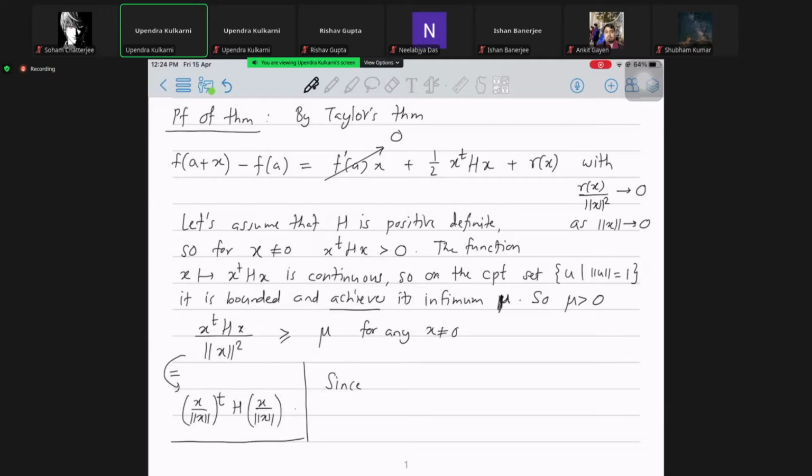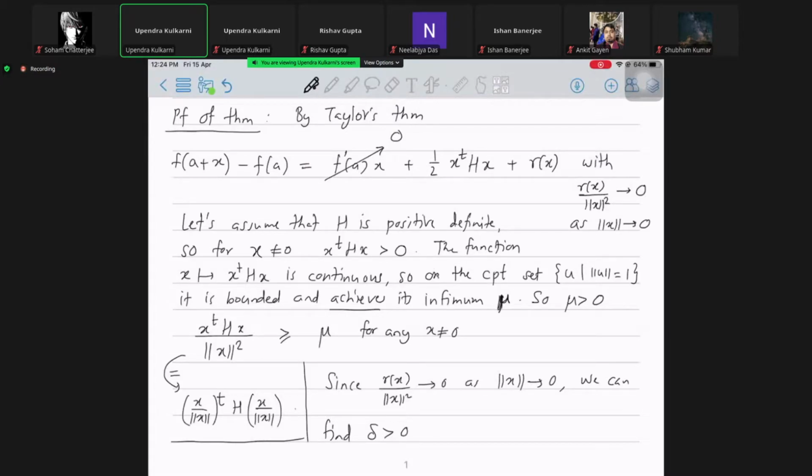Since the remainder divided by norm of x the whole square goes to 0 as norm of x goes to 0, we can do the usual epsilon-delta thing.